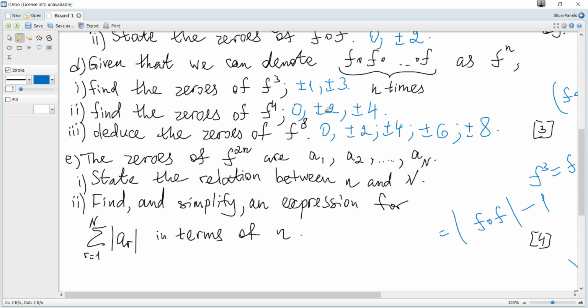For F4, 2 plus 2 plus 1, 5 zeros. 5 zeros, 9 zeros, so we can deduce that there is one more zero than this value, and since it is denoted as 2n, hence N is 2n plus 1.